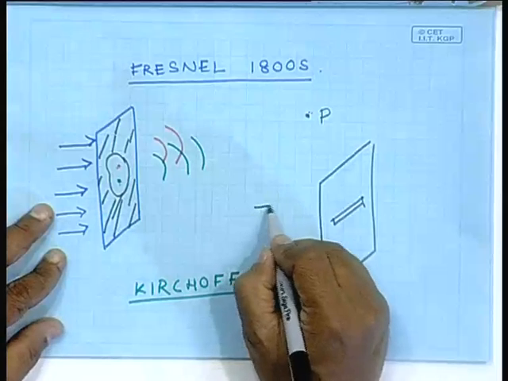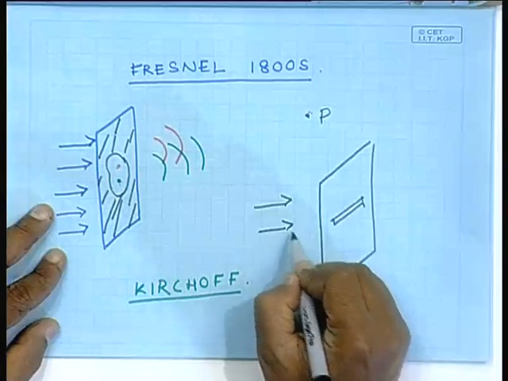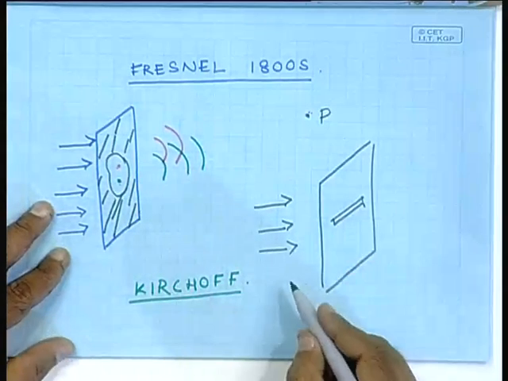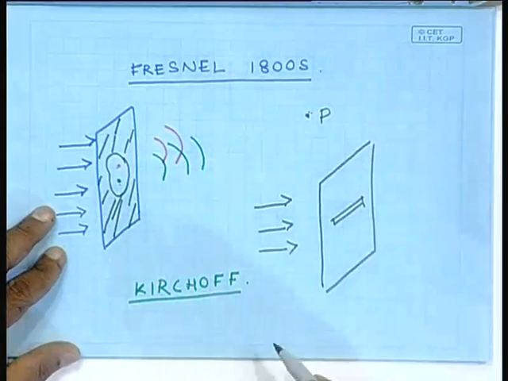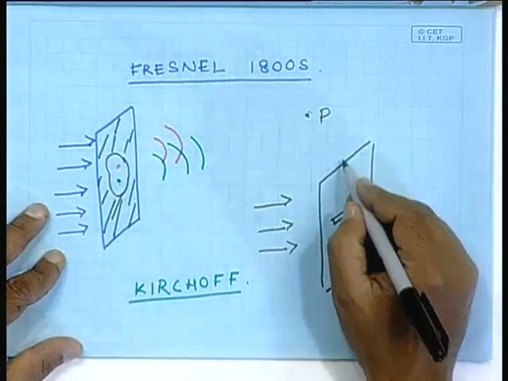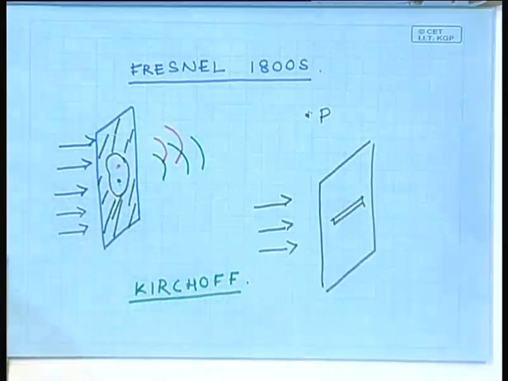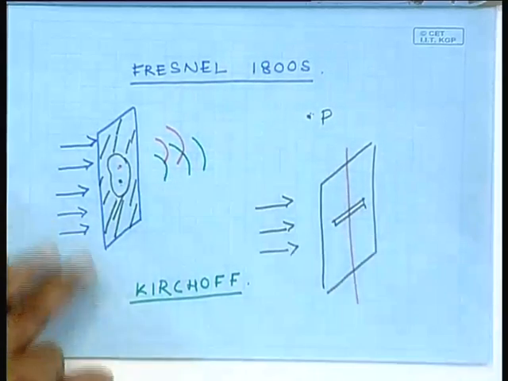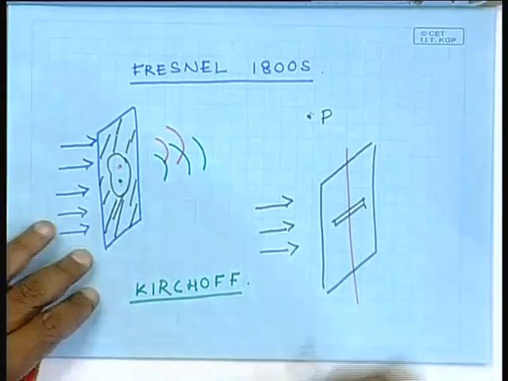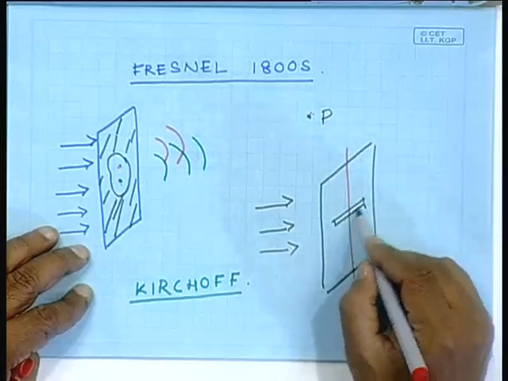And we have a plane wave incident on this. We are interested in the intensity pattern on a screen far away. So, I will draw a section through this whole thing. So, the section is going to be like this. For the time being, I will ignore the other dimension of the slit, which is larger.